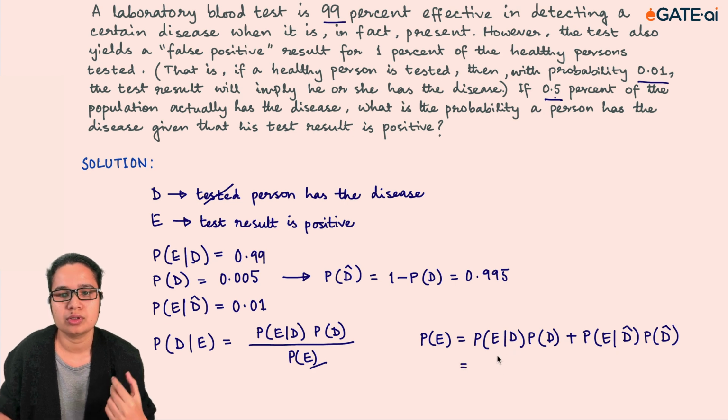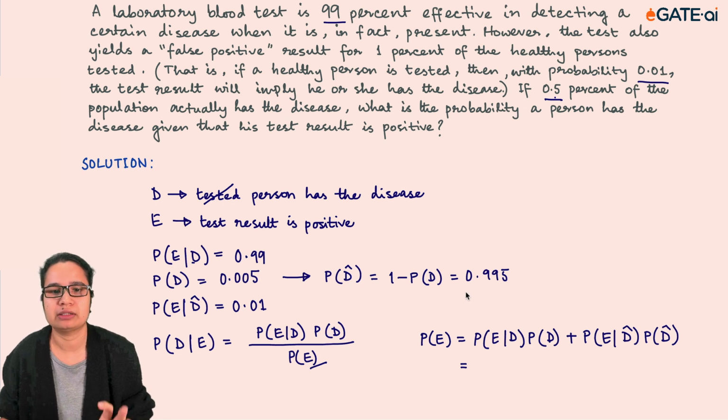So we know the probability of E when the person has the disease, and we also know the probability of E when the person does not have the disease, and we can combine these two pieces of information to get the total probability for E.